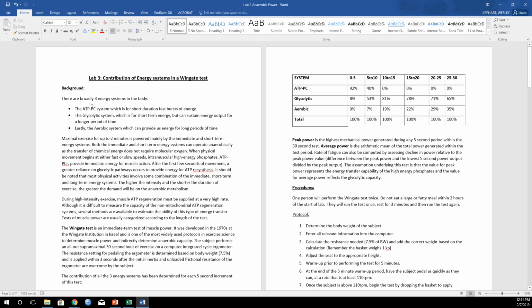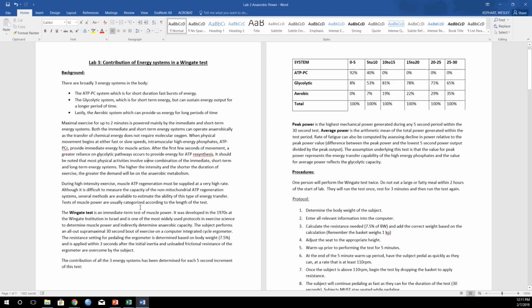So stay tuned. We'll talk more in class. Next, the glycolytic system, just how we break down glucose mainly for energy. And then lastly, the aerobic system. So those are our three main systems, how we actually make energy for our body.